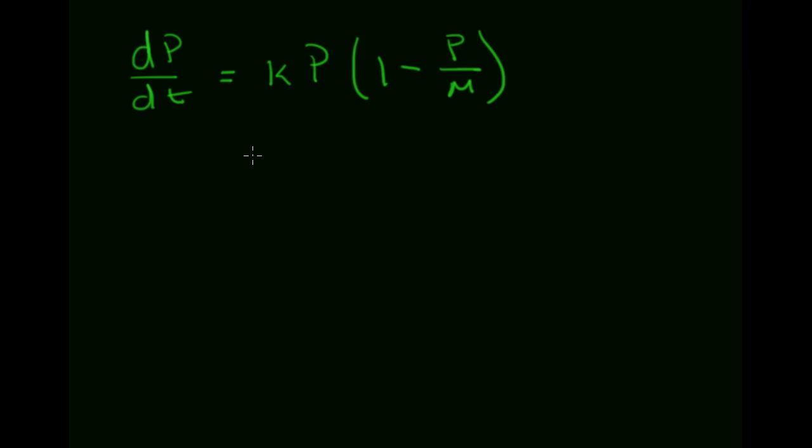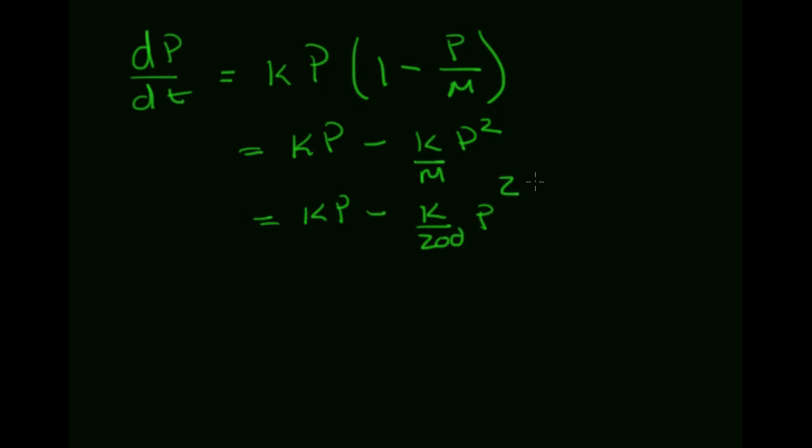Okay, so playing around with this a little bit, this gives me kP minus kP squared over M. Looking at the diagram, we know that the carrying capacity has to be 200. So we know that k over 200 is going to be less than k. So that means that my answer choices here are either A or B. It's the only way it's going to work.